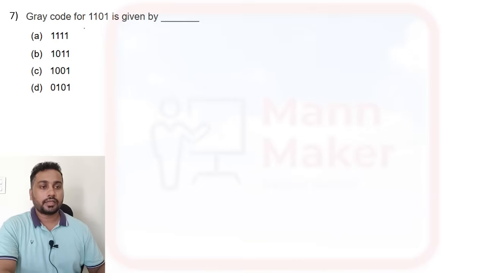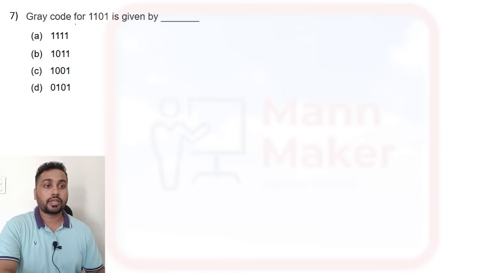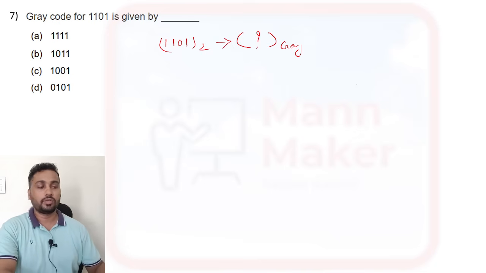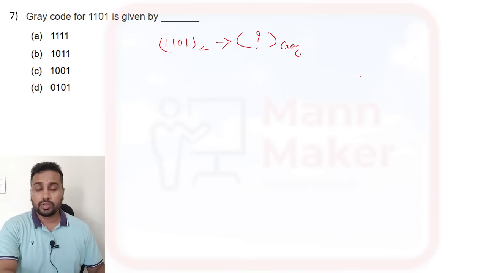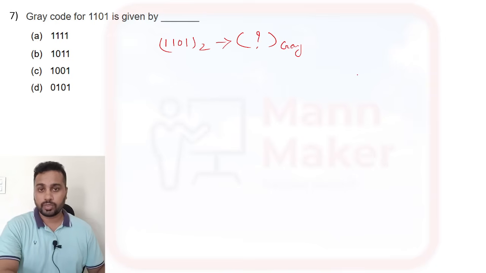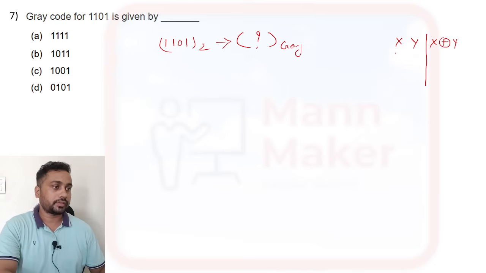All right. Gray code for 1101 is given by? So we have binary number 1101, and they are asking to convert it into gray form. For binary to gray or gray to binary conversion, you need to remember the truth table of the XOR operation.